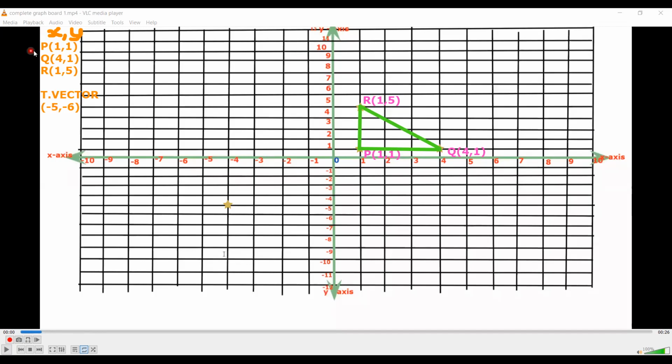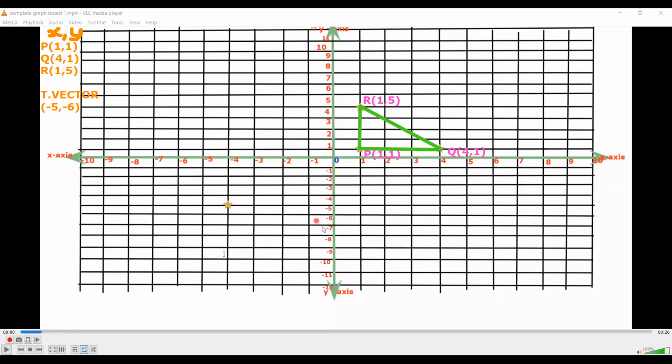The point P is going to move 5 left on the negative side. So these are the negative side of the x. So it will move towards this side. And here 5 left and 6 down. So the negative side here is 5. So 5 left. You count 5 to the left side and then 6 down.